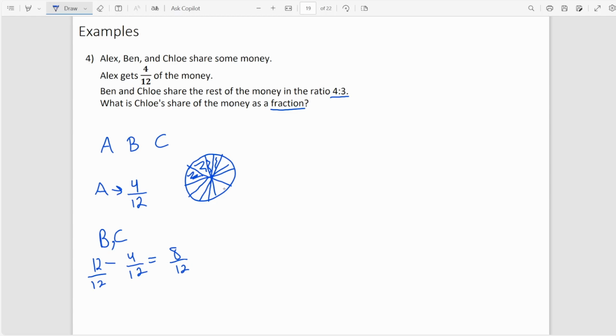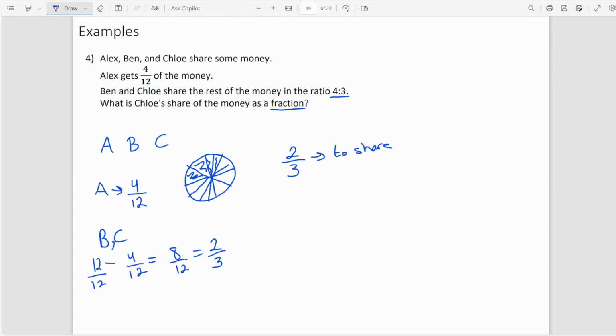So now the remainder is 8 for Ben and Chloe. Okay, so 8/12. Now we can simplify this fraction, and it becomes 2/3. So the fraction of money that Ben and Chloe are sharing is 2/3. Okay, so this is 2/3 to share.